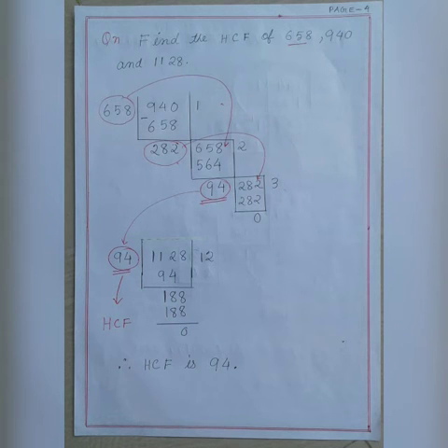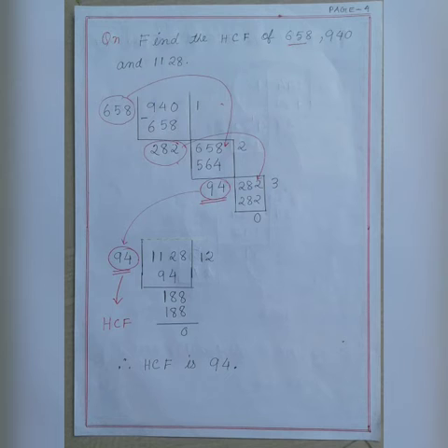Now next question, find the HCF of 658, 940 and 1128. I have 3 numbers. I have to find the HCF of 3 numbers by the division method. The smallest number is 658 and the second highest number is 940.